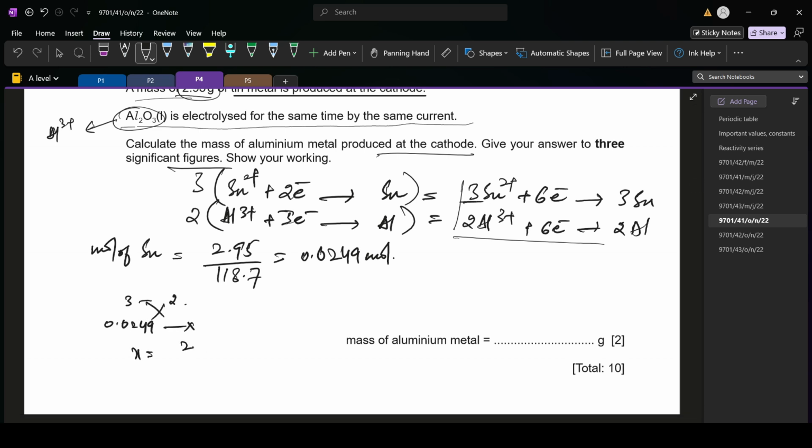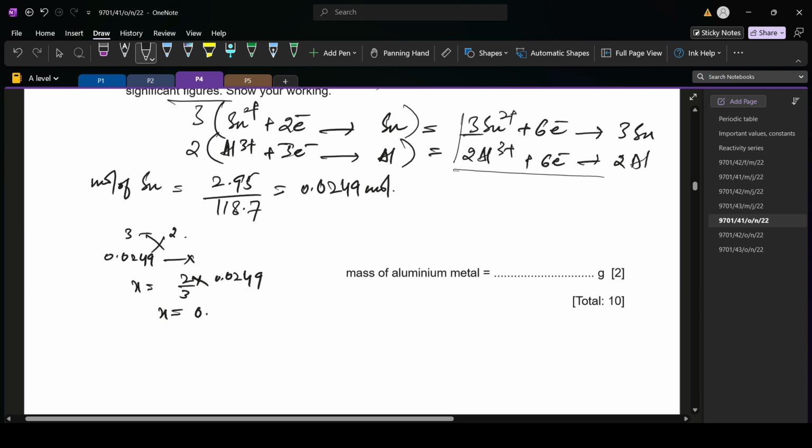X is going to be 2 upon 3 multiplied by 0.0249. So you will get the value of X, the number of moles of aluminum, which will be 0.0166 moles.